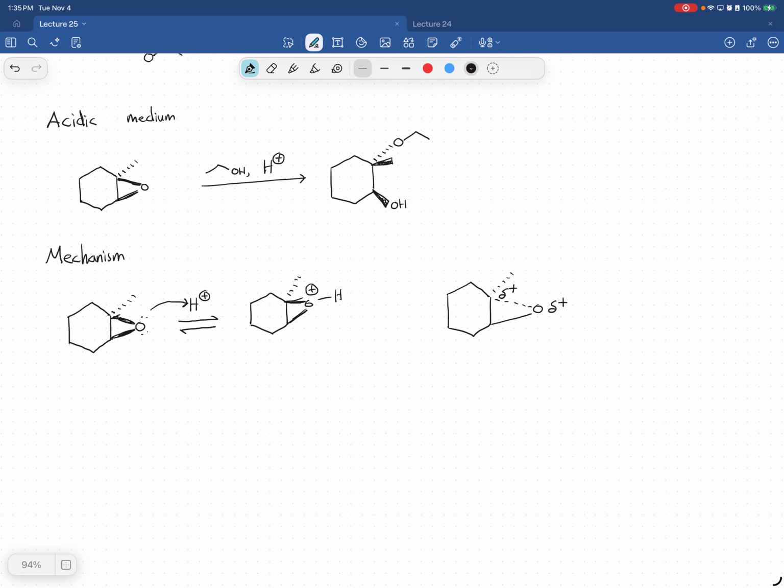So which side do you think, if a positive charge did form on the carbon atom next to the epoxide, which carbon is able to stabilize a positive charge better? Is it the tertiary carbon over there, or is it the secondary one? The tertiary, so that's more stable, okay? So what ethanol could do is that it can attack this position, and break this bond here.